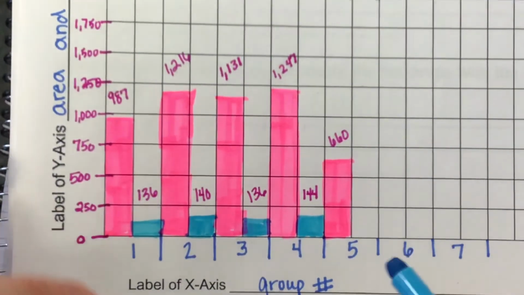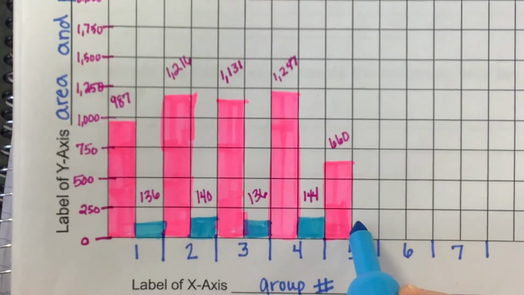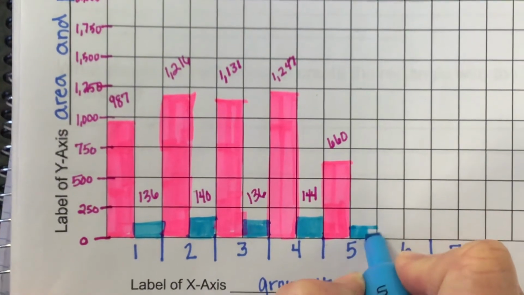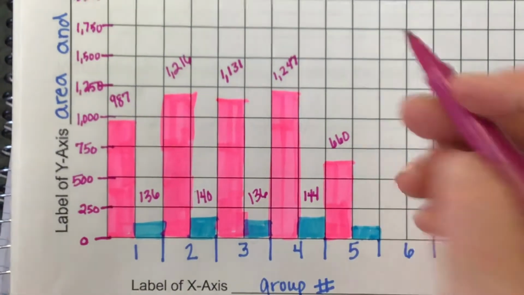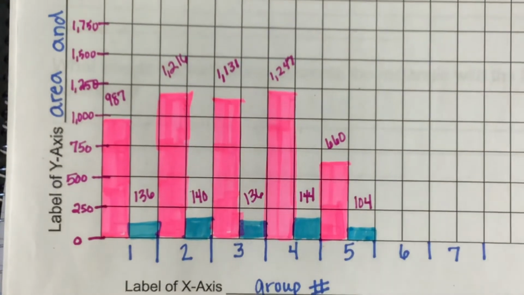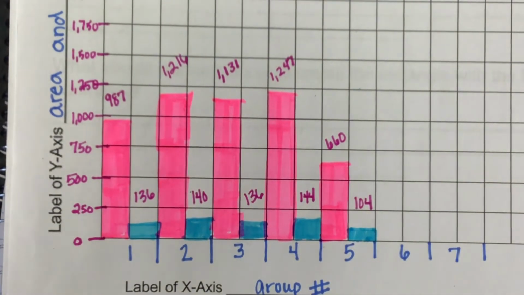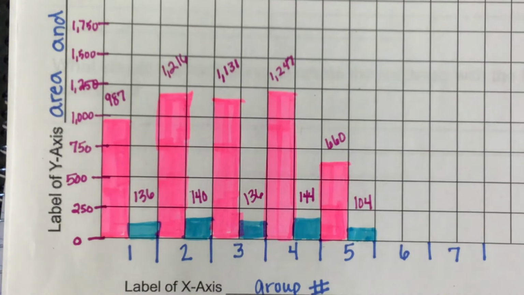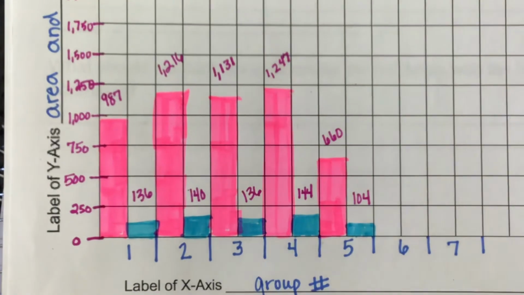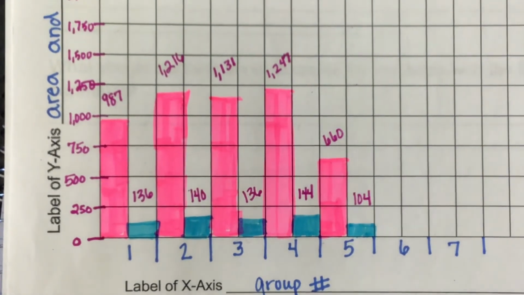Halfway is 125, so we need to go less than for 104. Look like cotton candy. Blue.